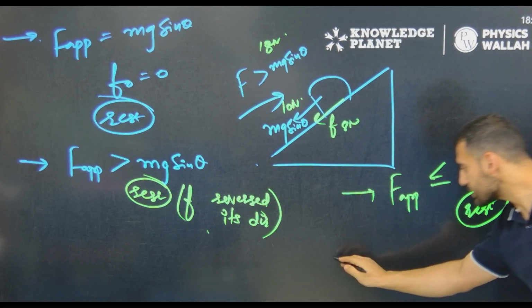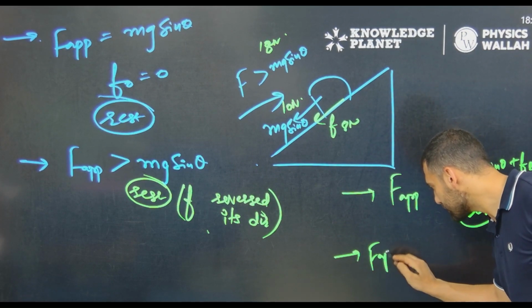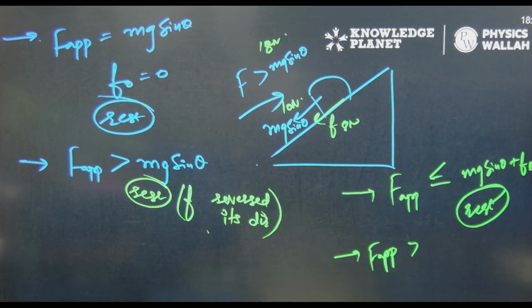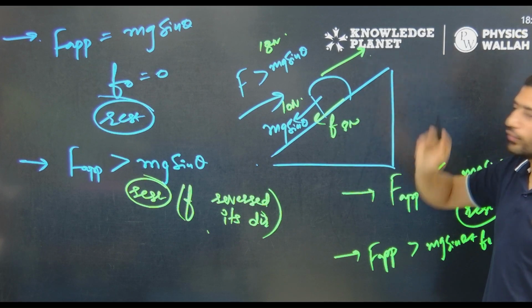But the moment this applied force goes beyond what? mg sin theta plus FL, isn't it? In that situation, the friction now has lost it. And thus the block will definitely go.